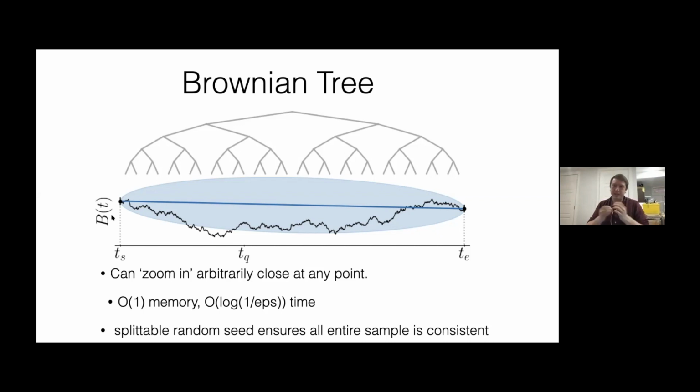So most SDE solvers just sample Gaussians one step at a time. Like the Euler-Maruyama, the simplest solver, just says, okay, take a step in the direction of the drift, and then add a little bit of Gaussian noise that I just drew at that point. So they just sample noise as they go, and they end up sampling a random walk.